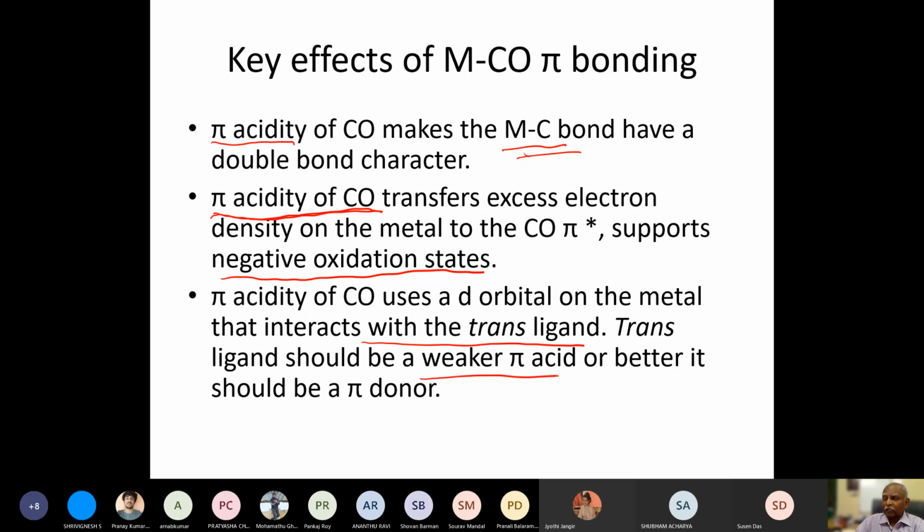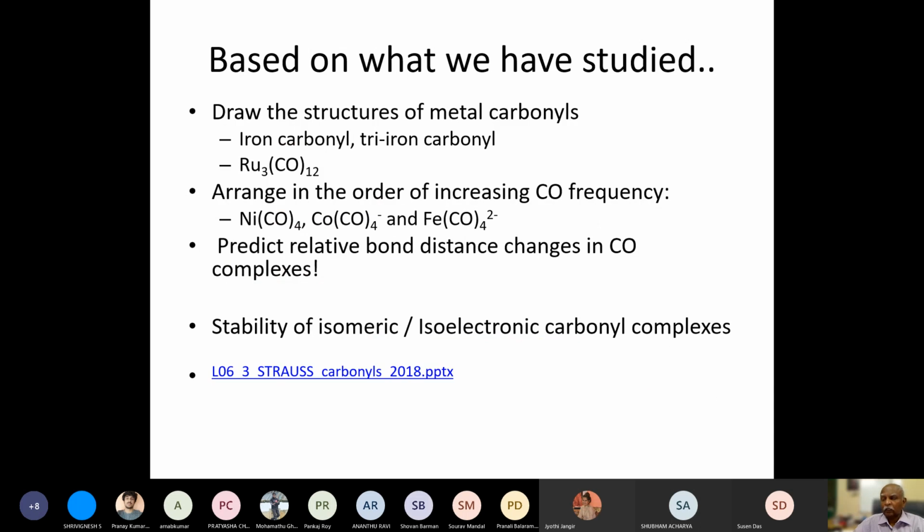It should at least be a weaker pi acid ligand, or it should be a pi donor, if I want to maximize pi bonding. So pi bonding is increased by the charge on the metal. It's also increased by the pi donor ability of the trans ligand.